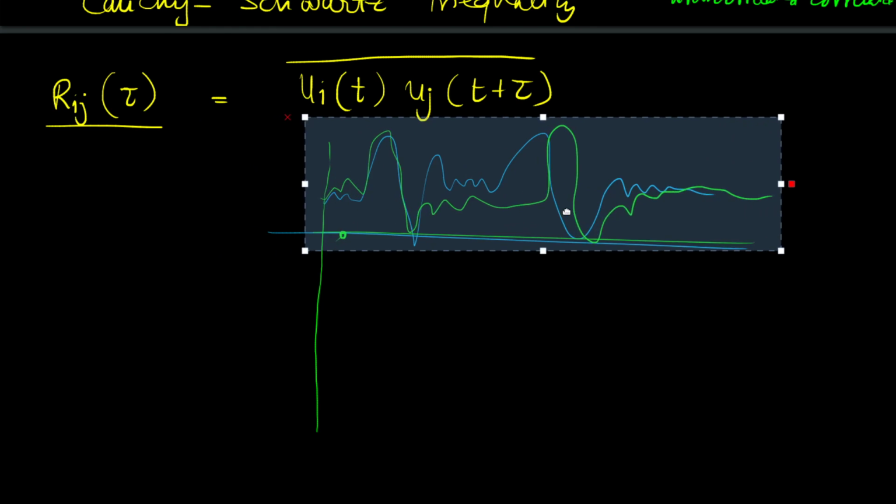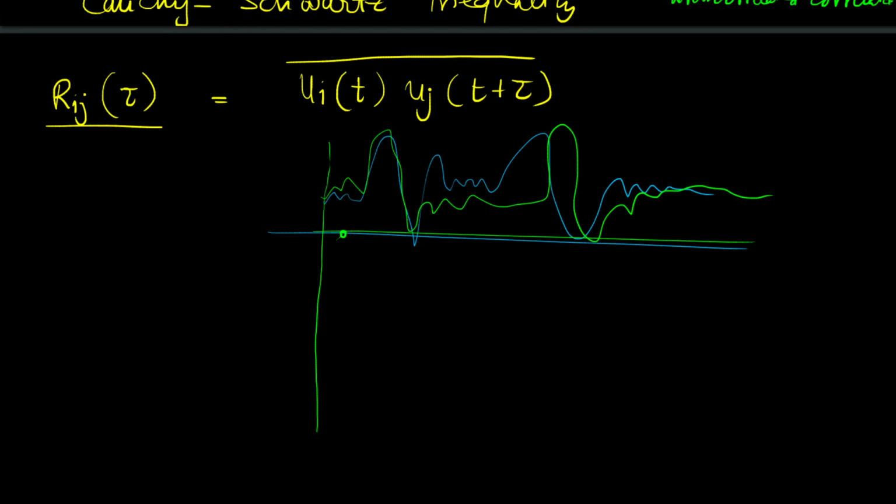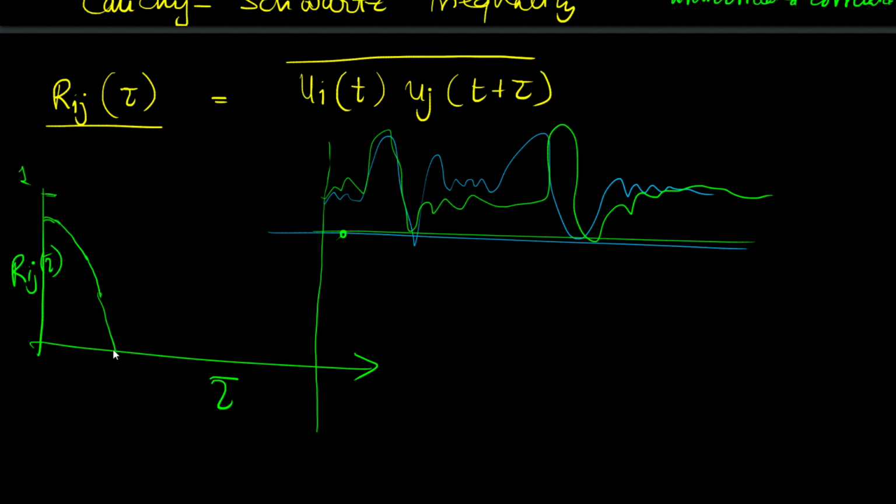So for large taus, there is no correlation. If I were to plot this as a function of tau, for small values of tau you have a good correlation. Then for large values of tau, we quickly see it becomes negative or weakly positive, so something like this.